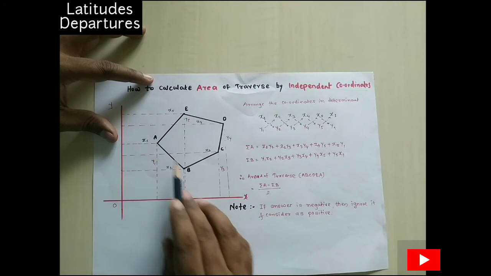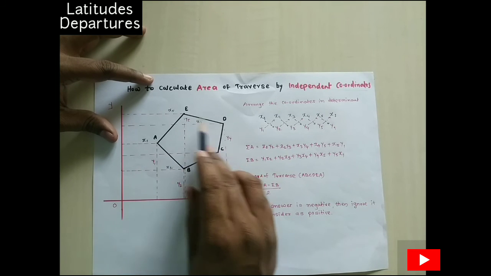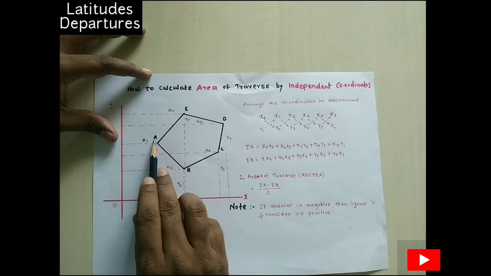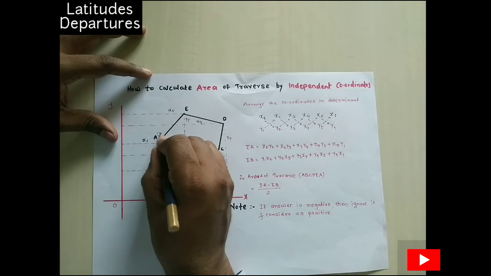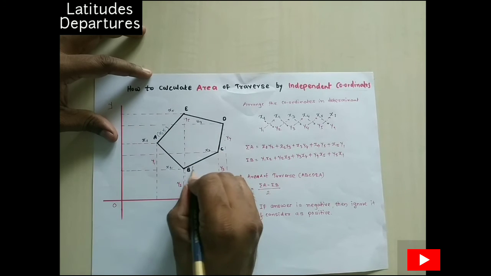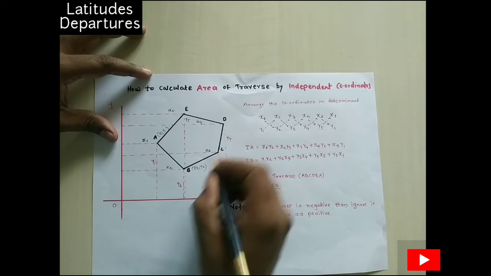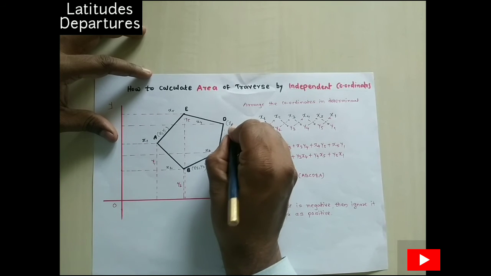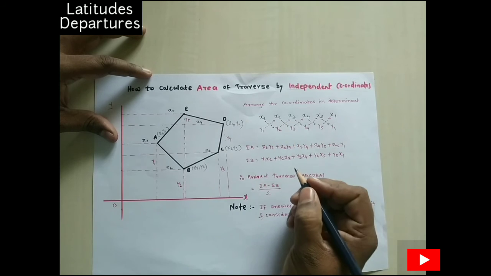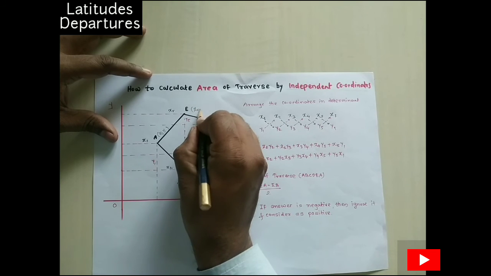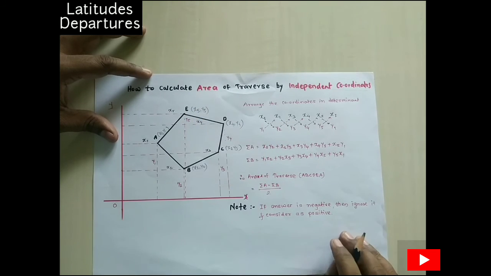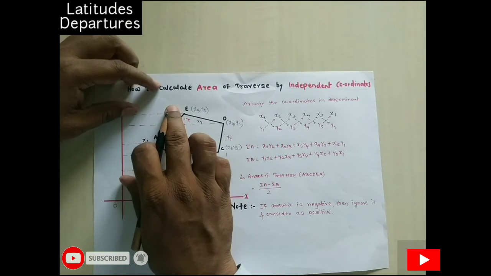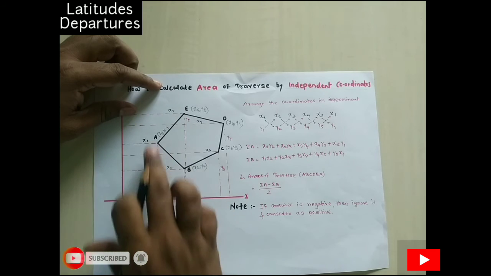So A, B, C, D, E, A, this is the closed traverse. x1 y1 coordinates of A, x2 y2 coordinates of B, x3 y3 coordinates of C, x4 y4 coordinates of D, and x5 y5 coordinates of E. So by using these coordinates you have to determine the area of this closed traverse.